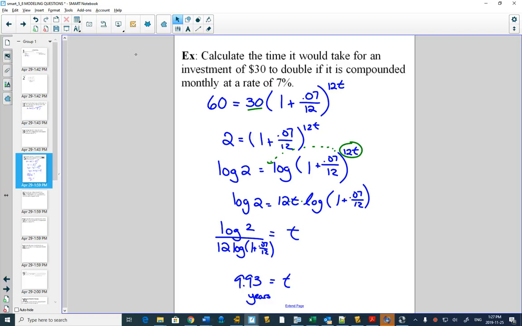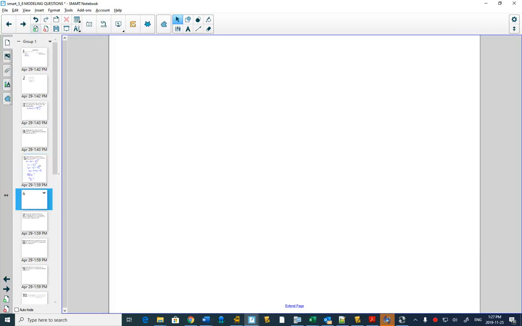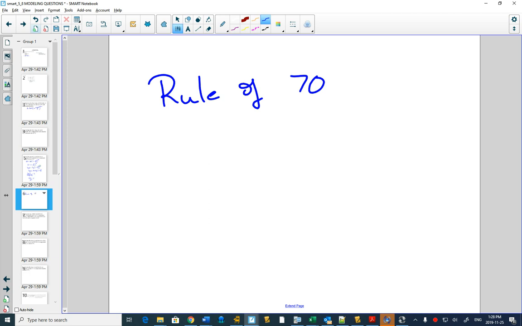And what's really interesting, okay, I was about to say what's really interesting with compound interest, but that sounds like a bad joke. What's really fascinating with compound interest is that this idea of doubling can be simplified by something called the rule of 70, or sometimes the rule of 72.